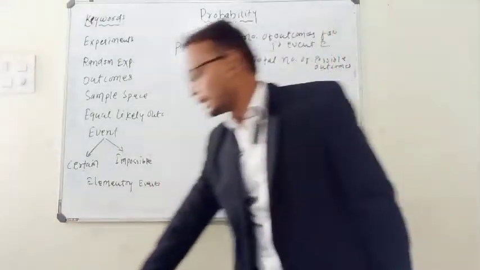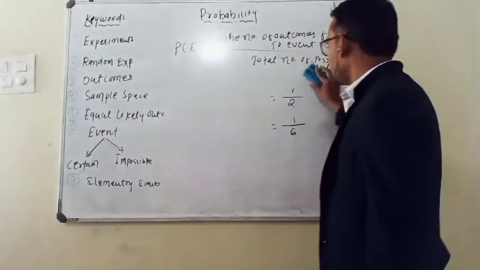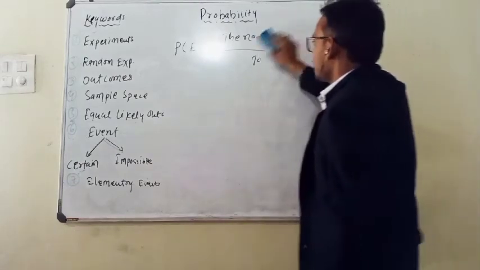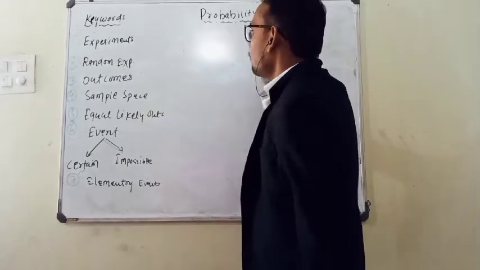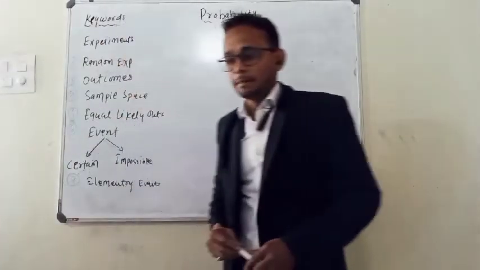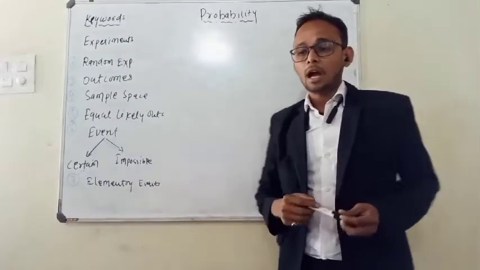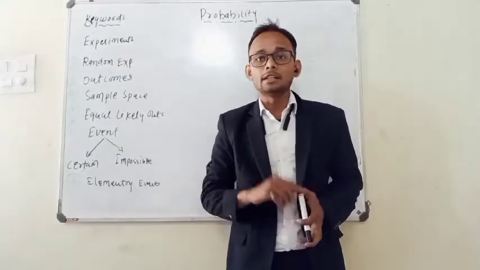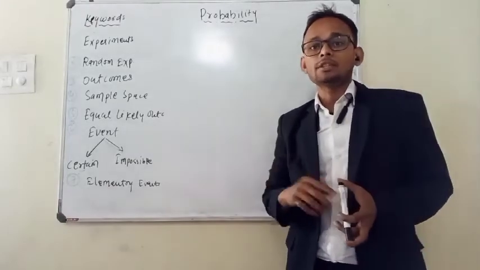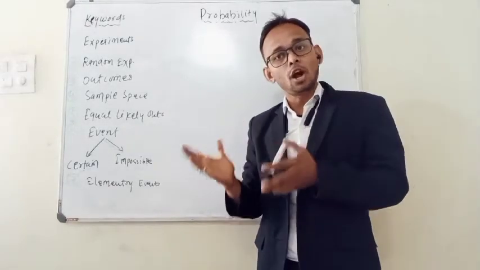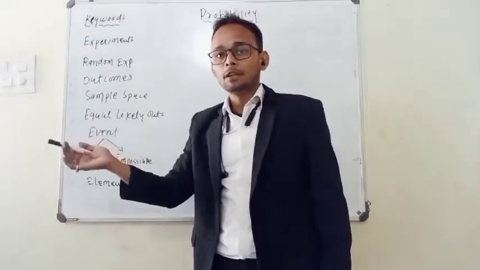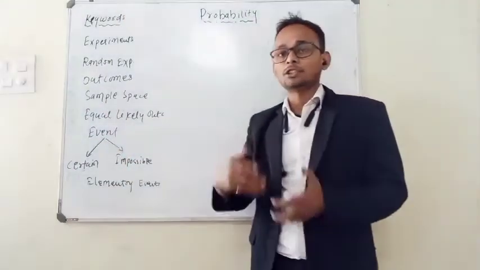In class 10 there are a few keywords in probability that we are going to discuss. First is experiment. What is an experiment? A process which results in some well-defined outcomes is called an experiment.